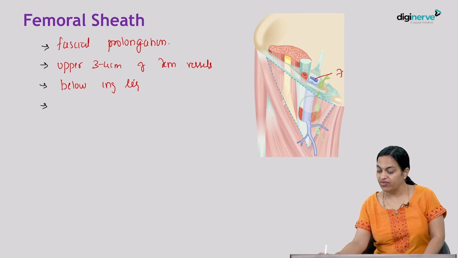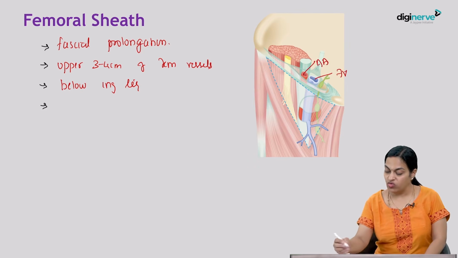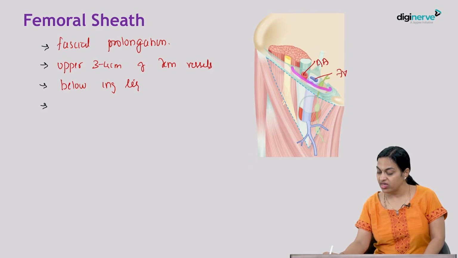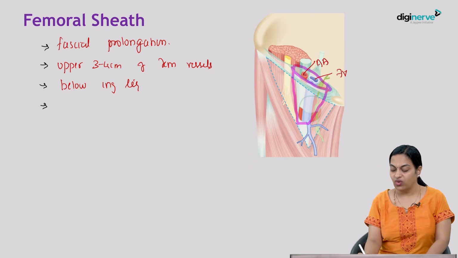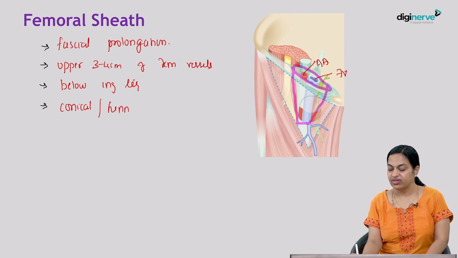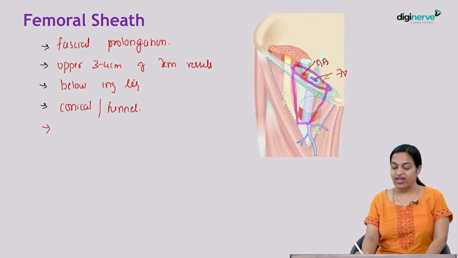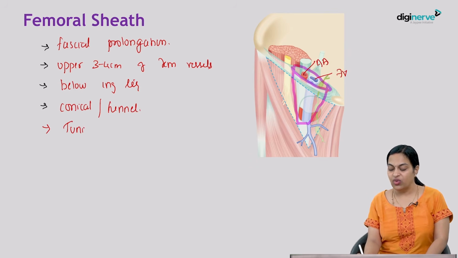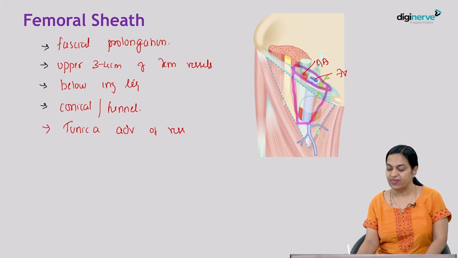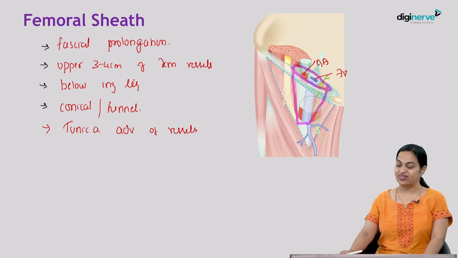You can make out the femoral vein, the femoral artery, and that fascial prolongation. It is conical or funnel shaped, and this fascial prolongation merges with the tunica adventitia of the blood vessels which it covers.